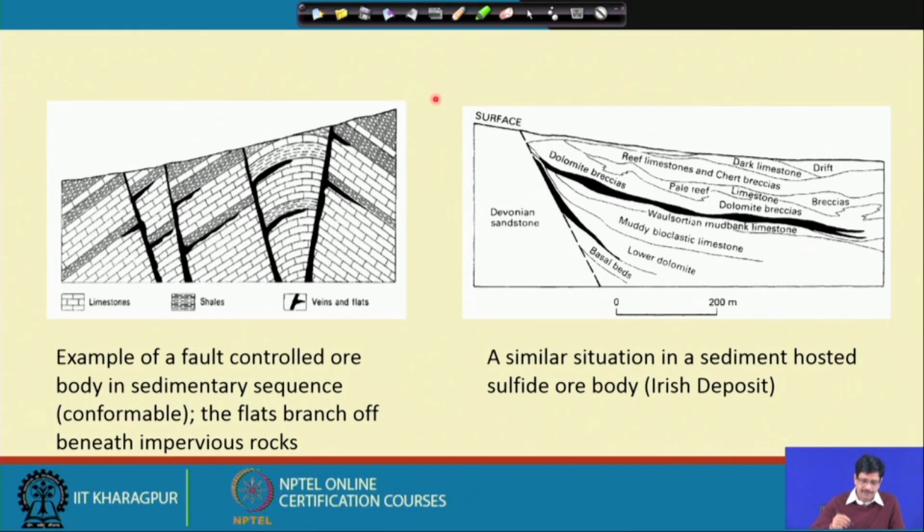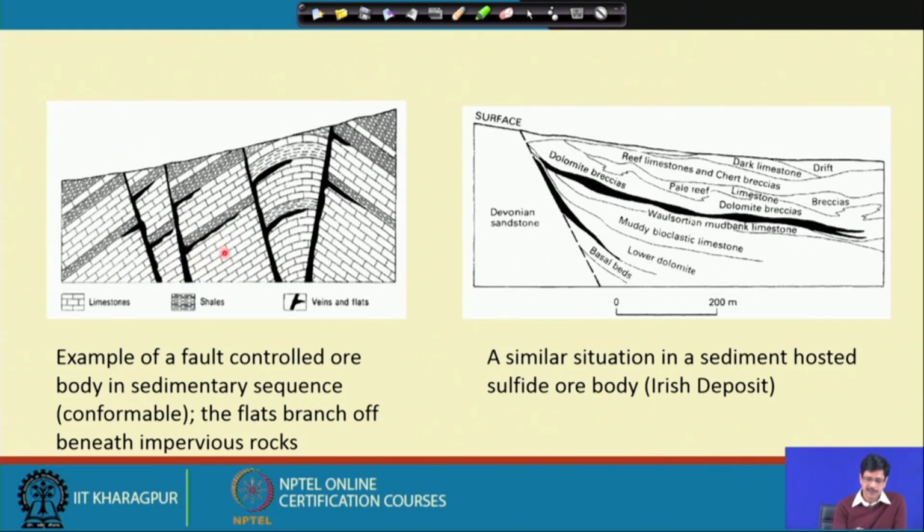Here we see a sequence of sedimentary strata with faults. The fluid which went into the fault has deposited the ore minerals and has followed the bedding plane, forming flat branches wherever there is an impervious rock.